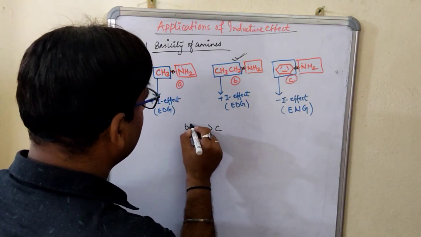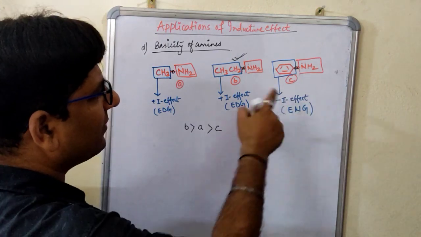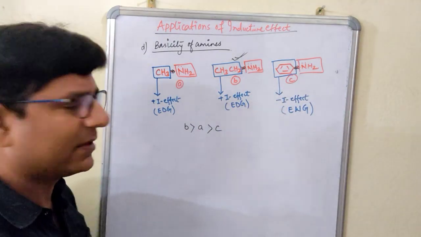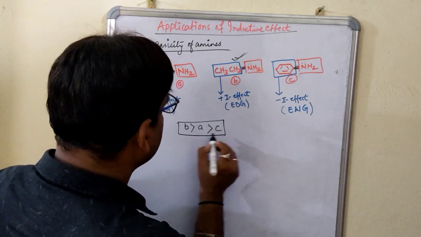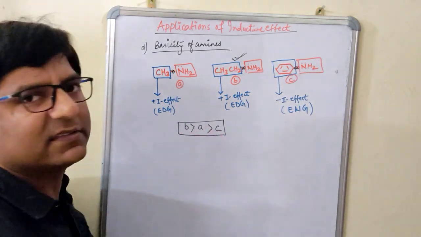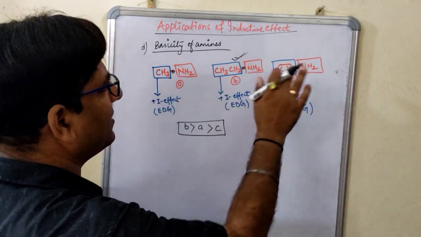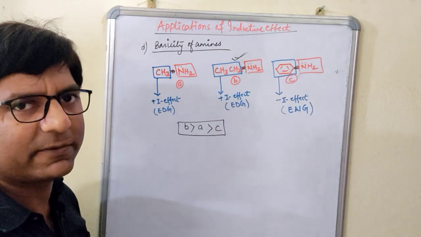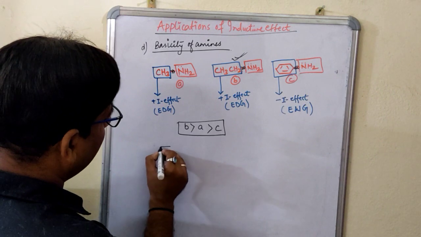B is more than A, and at last comes C, because this has the minus I effect. So the answer will be what? Based on this, B is more basic than A and A is more basic than C. This is the order of the basic strength of these three, A, B, C. All three are amines. Clear?